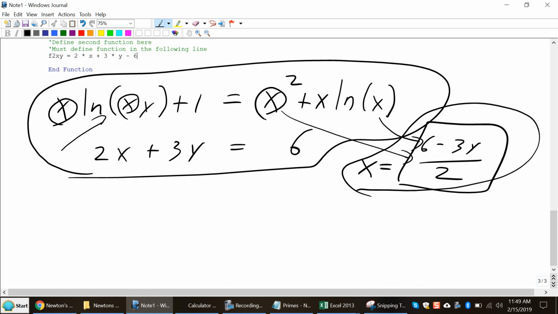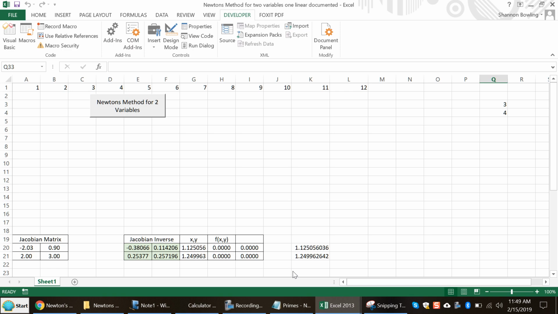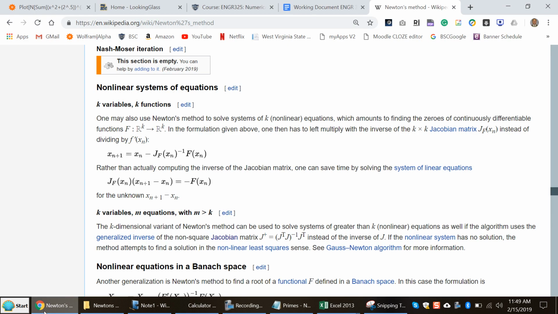So how do we do that? I bet you think it's hard, don't you? It's not hard. That's why we did the work and calculated the Jacobian matrix. All you have to do is create a guess of x and y, and you just plug into this formula. That's all you do.